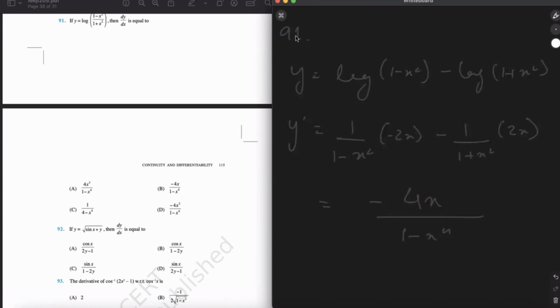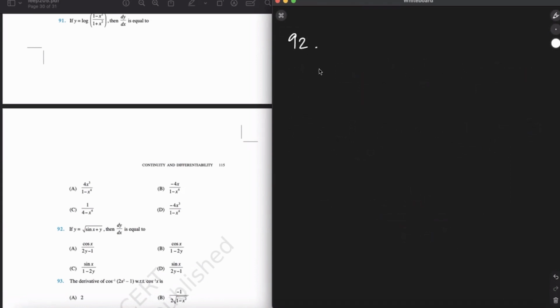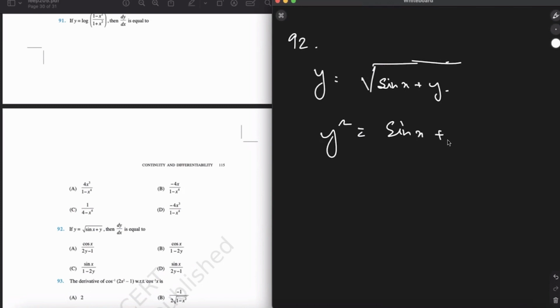Alright, moving forward to question number 92. Suppose that y equals under root of sin x plus y. Then what will be the value of dy by dx? Y square is equal to sin x plus y.